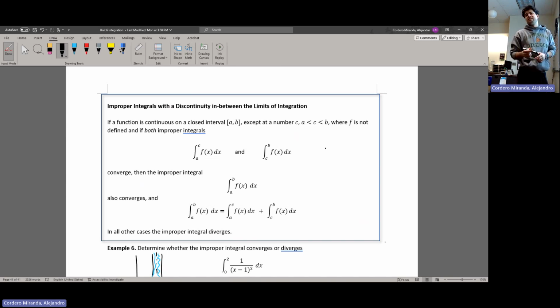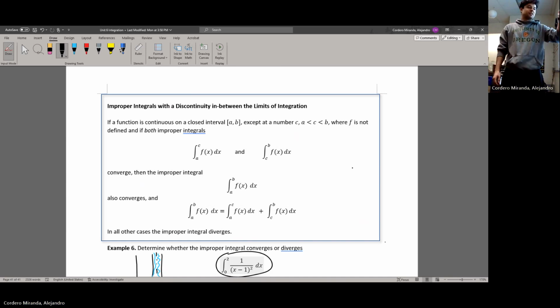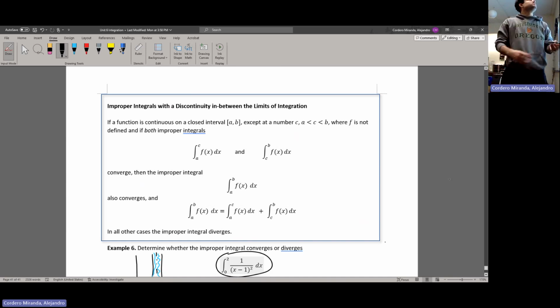So it's like a good hint that, oh shoot, I should check if this is an improper integral, in case it's one of these sneaky ones where it's not obvious that it's improper until you realize that there's an asymptote in there somewhere. All right, now I'm done for real.